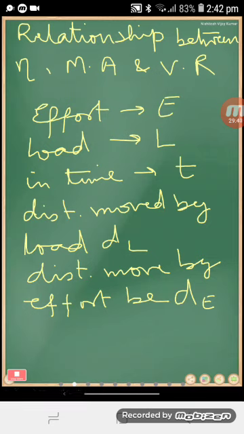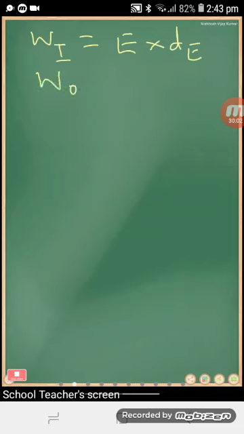So mathematically, the work input Wi will be equal to the effort into the distance moved by the effort, whereas work output will be equal to the load and the distance moved by the load. This we have done in the earlier portion also. So this is work input and work output.